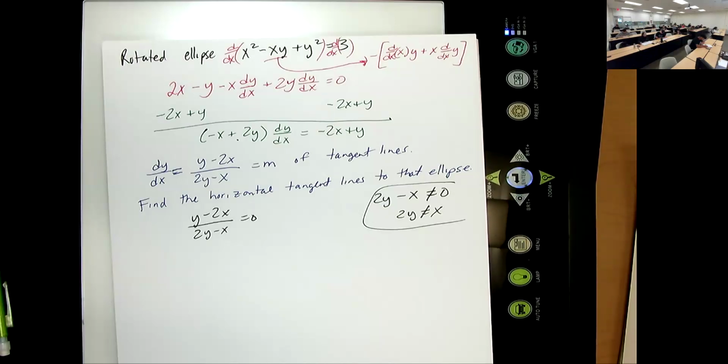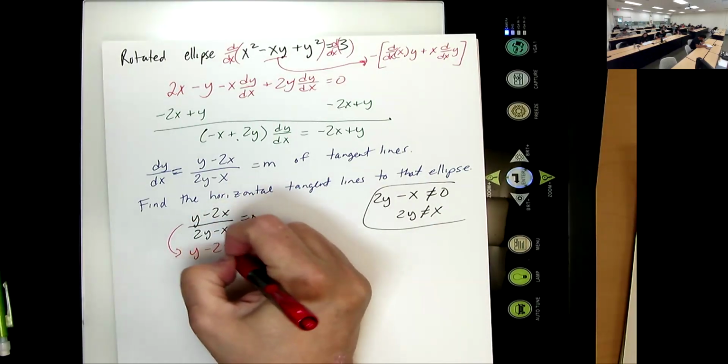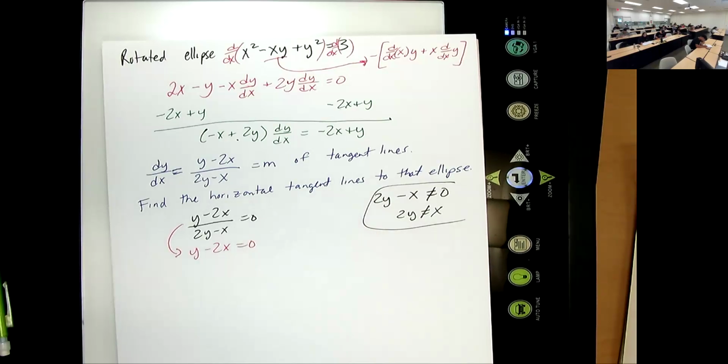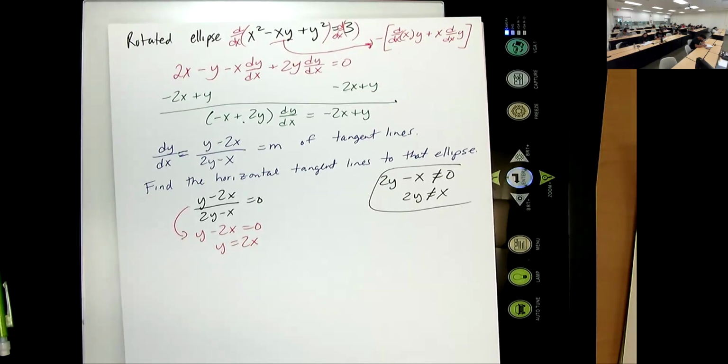After noting that, you can clear the fractions. If you clear the fractions, you get y minus 2x equals 0. So where we have a horizontal tangent line, y has to equal 2x.